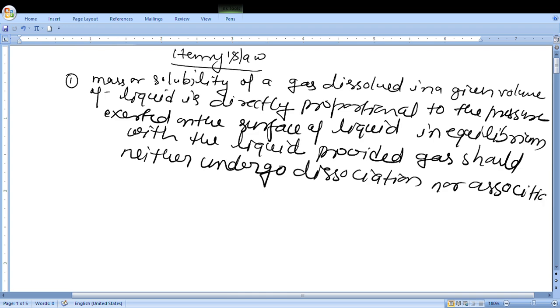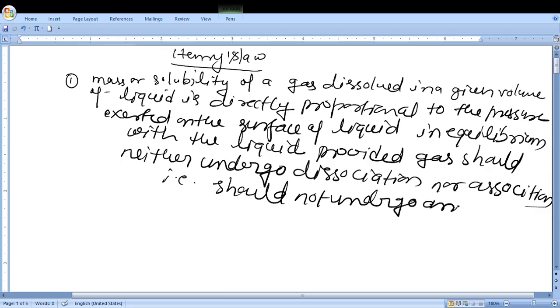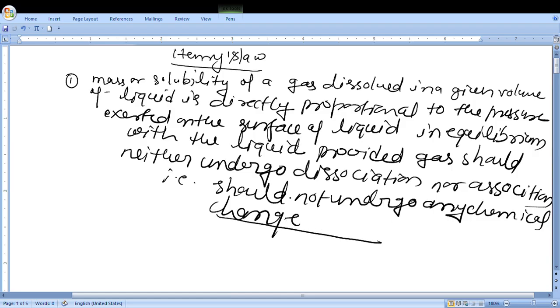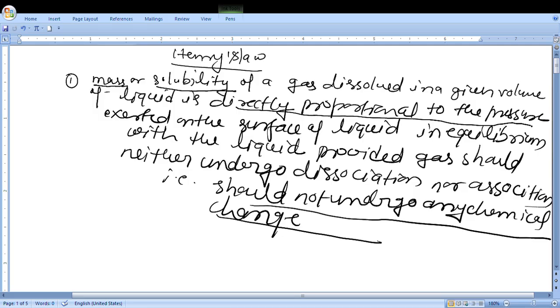That is, it should not undergo any chemical change. The focus should be that the gas should not undergo any chemical change, and another focus in the definition is that the mass or solubility of the gas dissolved in a given volume of liquid should be directly proportional to the pressure exerted on the surface of liquid.